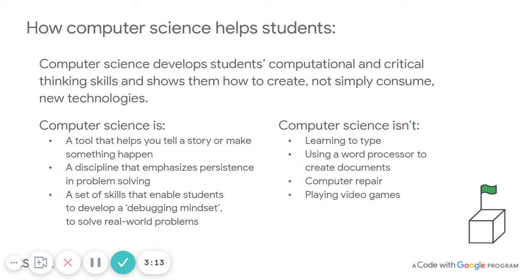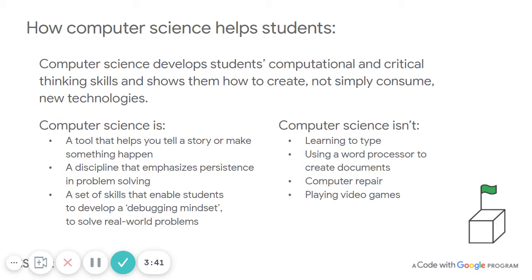Computer science is a tool that helps students tell a story, create, make something happen. It's truly a discipline that emphasizes persistence, persevering in problem-solving abilities. It's a skill set, really, that enables students to develop a debugging mindset or growth mindset, per se, to tackle and solve real-world problems.